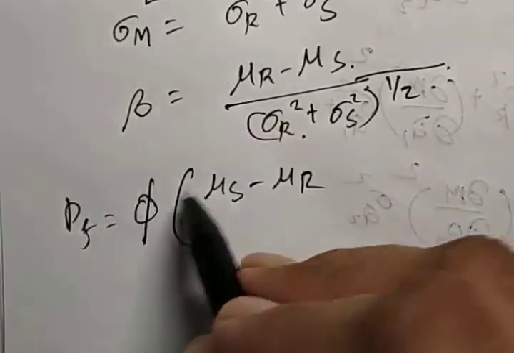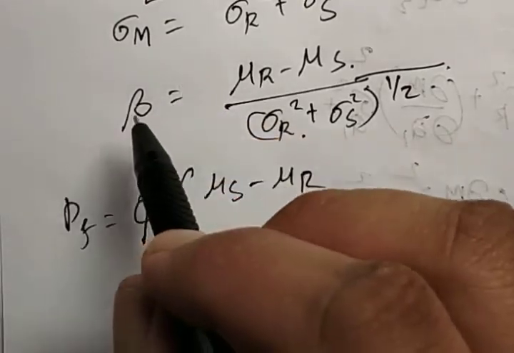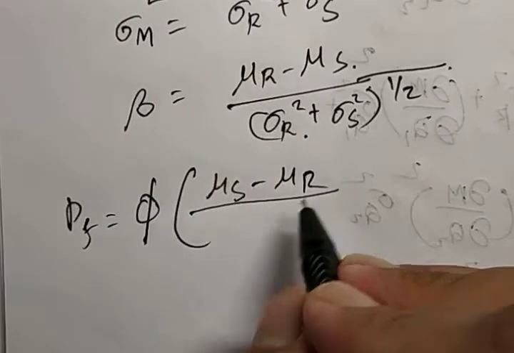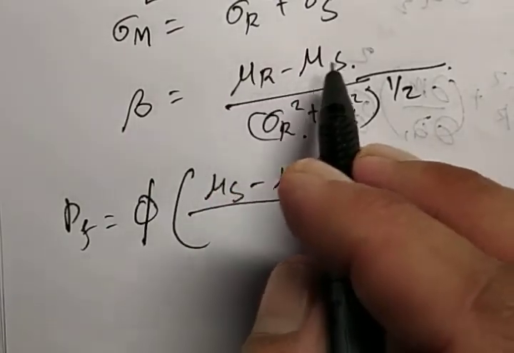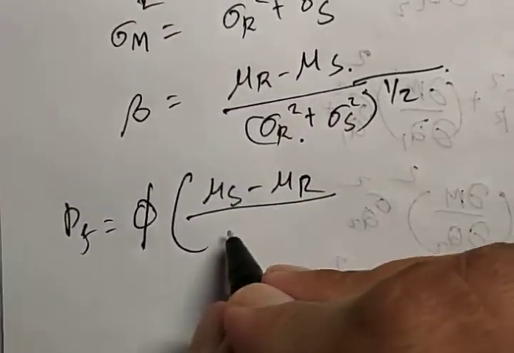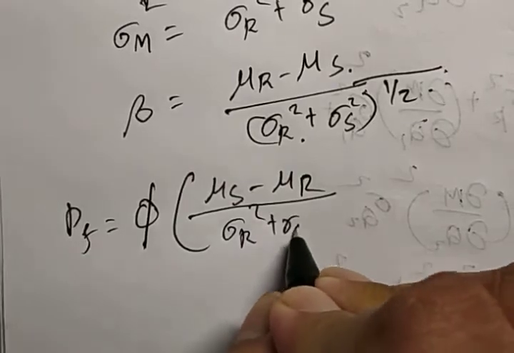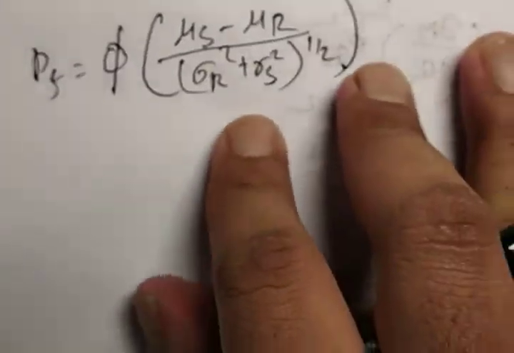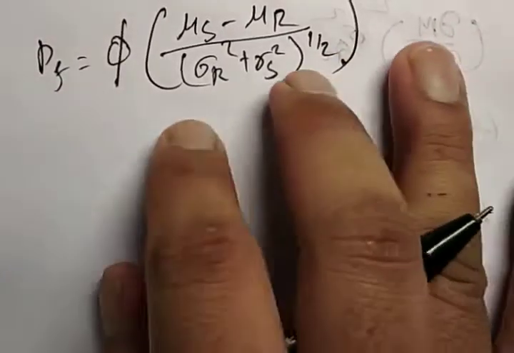Remember that it's minus beta, right? If you go back to the equation, phi of minus beta, so phi of minus of mu R minus mu S is mu S minus mu R over sigma R square plus sigma S square whole to the power half. So this is how you find out the reliability index when both R and S are normal distributions.